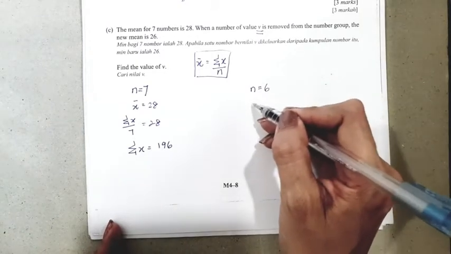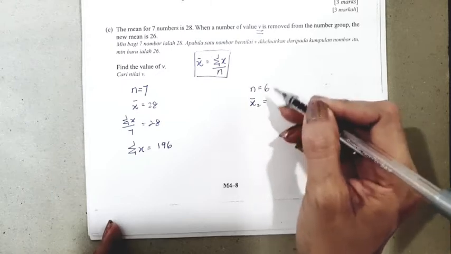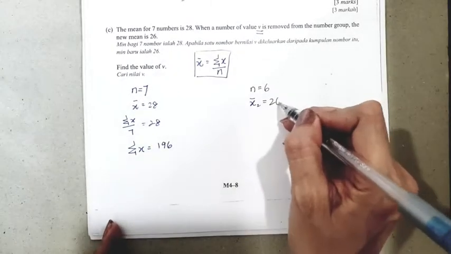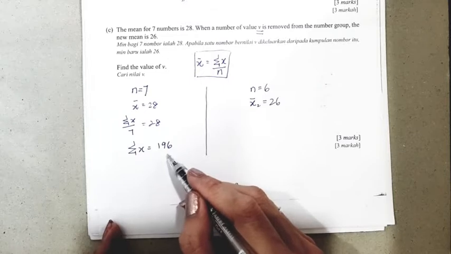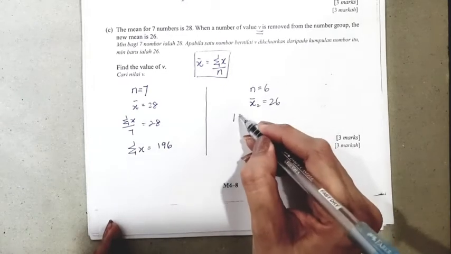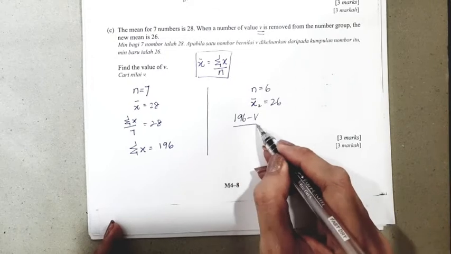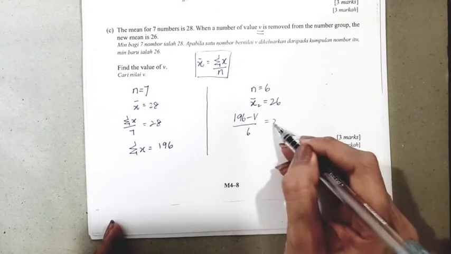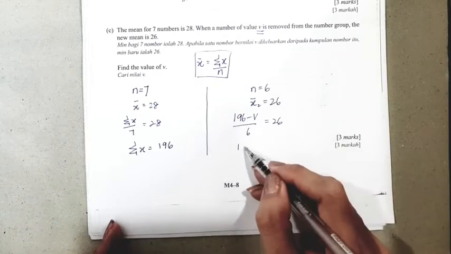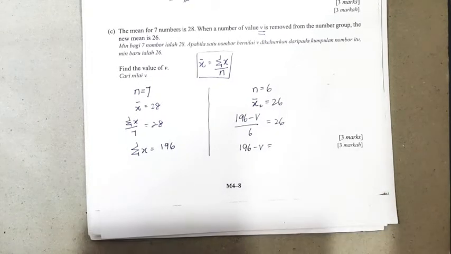The new x bar, the second one, is now 26. So how do we find this in the first place? Isn't it we take the original total number minus the v, and what is left is only 6 numbers, so divided by 6, so we get 26 over here. So 196 minus v equals 26 times 6.